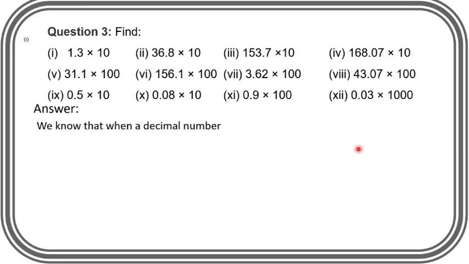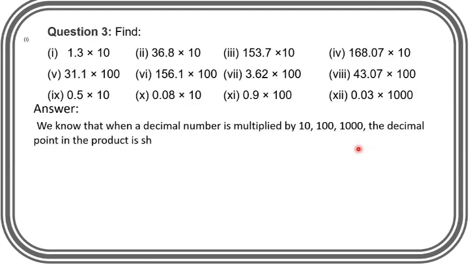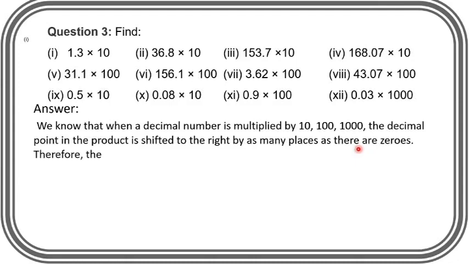We know that when a decimal number is multiplied by 10, 100 or 1000, the decimal point in the product is shifted to the right hand side. I mean to say, right by as many places as there are zeros.